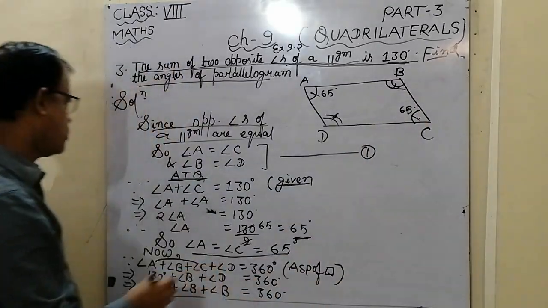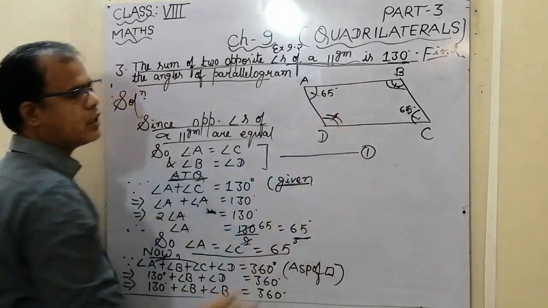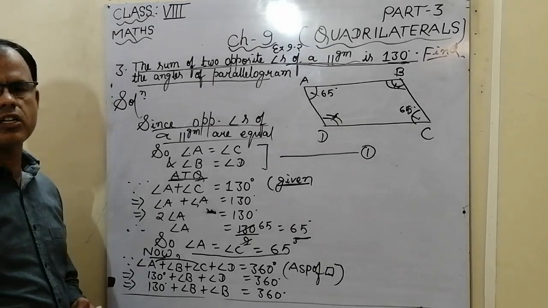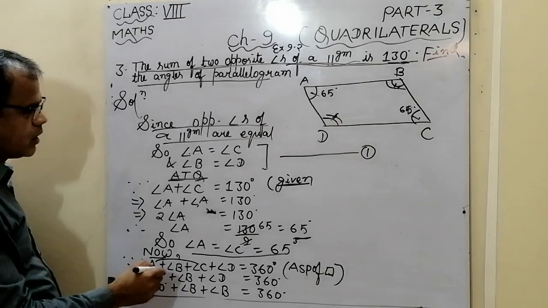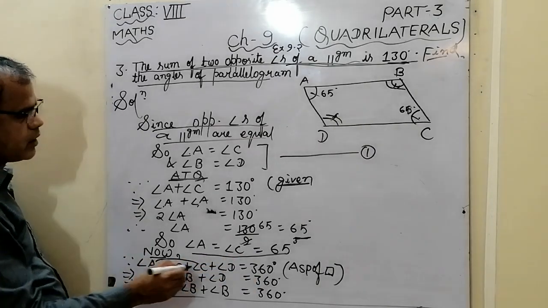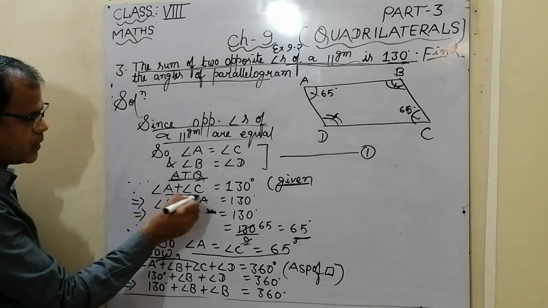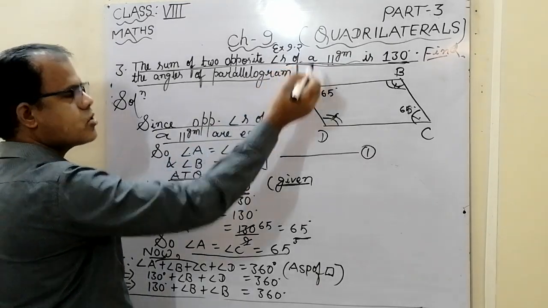Now the sum of all four angles is 360 degrees, by the angle sum property of quadrilateral. So angle A plus B plus C plus D equals 360. The value of angle A plus angle C is 130 degrees according to the question.